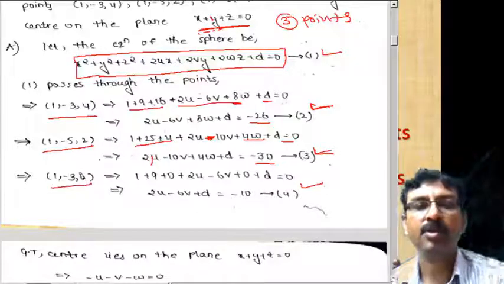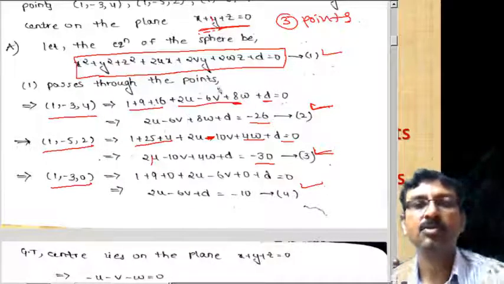So the last point 1, minus 3, 0, substitute it in the equation 1: 1 square, minus 3 square, 0 square, 2u into x, x is 1, 2 into v, y is minus 3, so minus 6v.